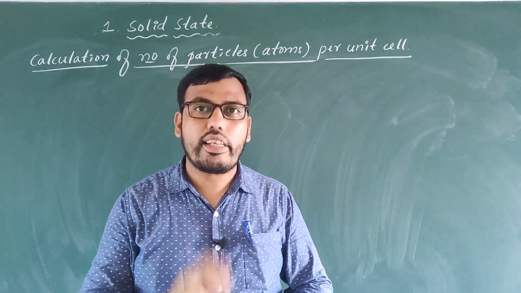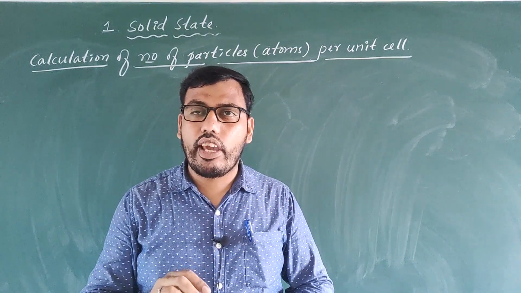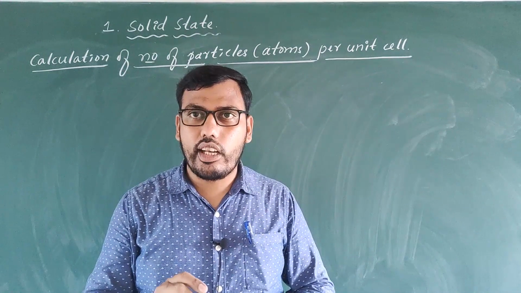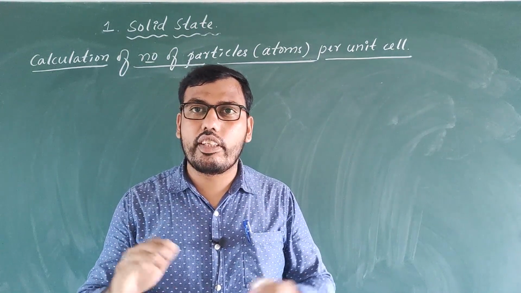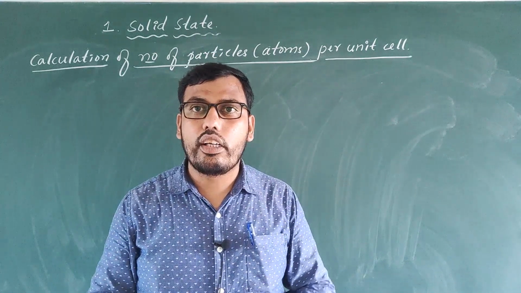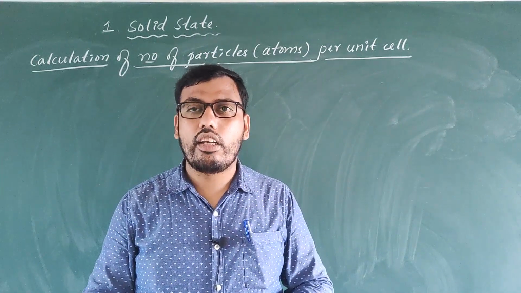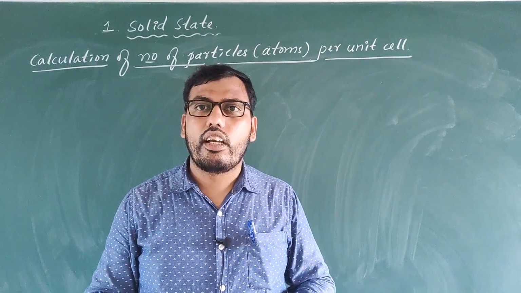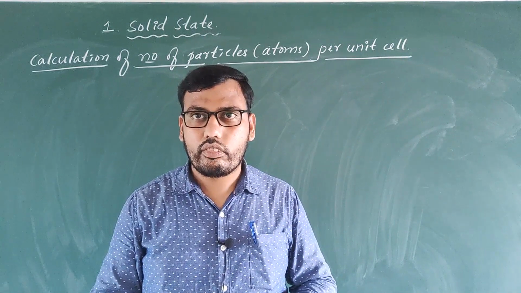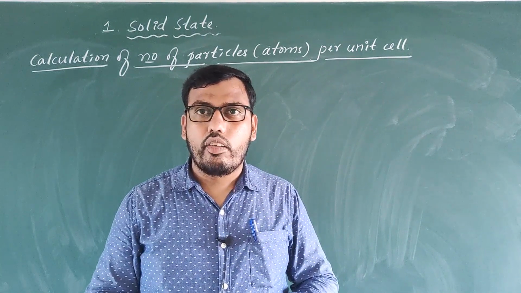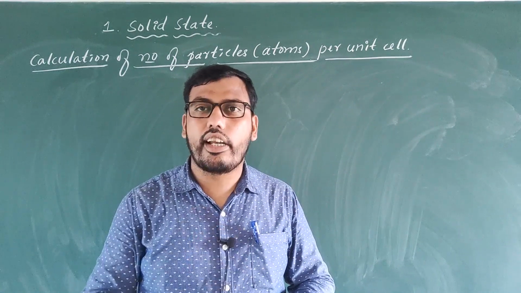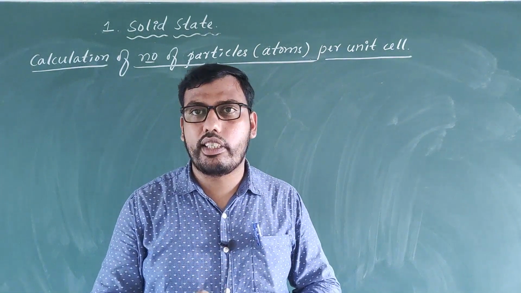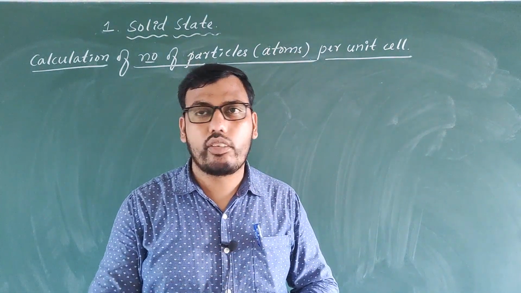Obviously they are particles, but now we have to calculate per unit cell. When a single unit cell is present along with other unit cells in the whole crystal lattice, how does it contribute? That is, when a unit cell is present in a crystal lattice, how exactly many atoms or particles are present in that particular unit cell, that we need to calculate now.